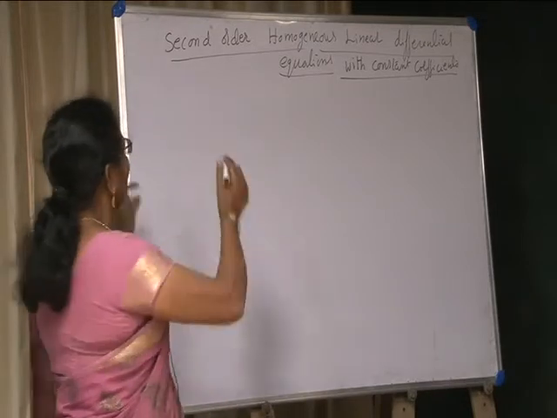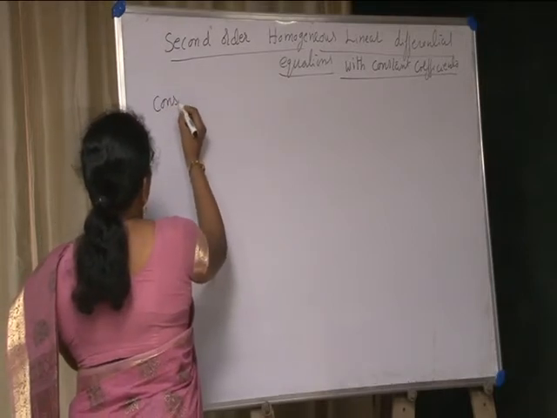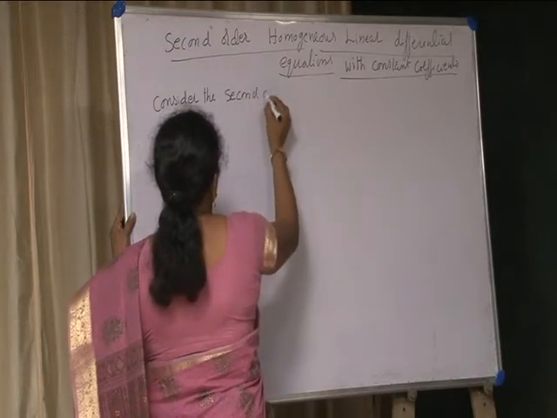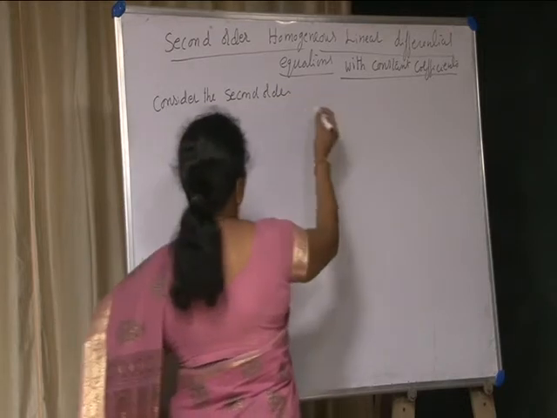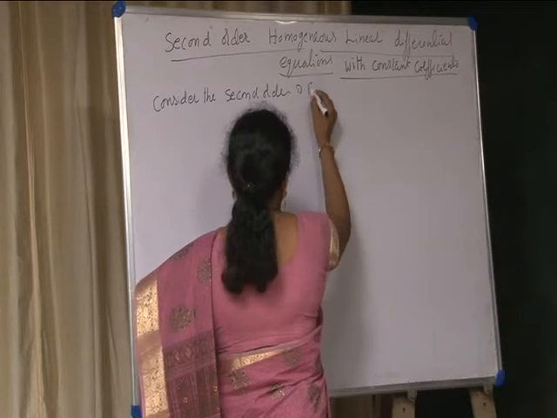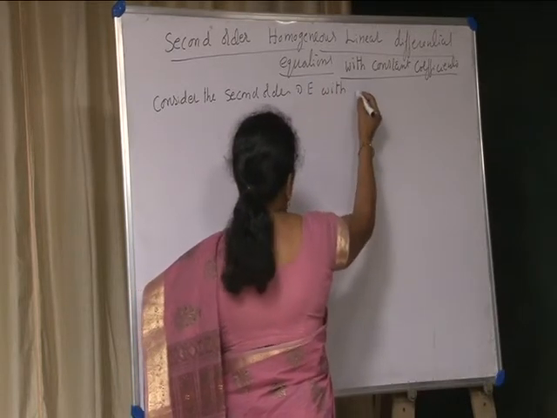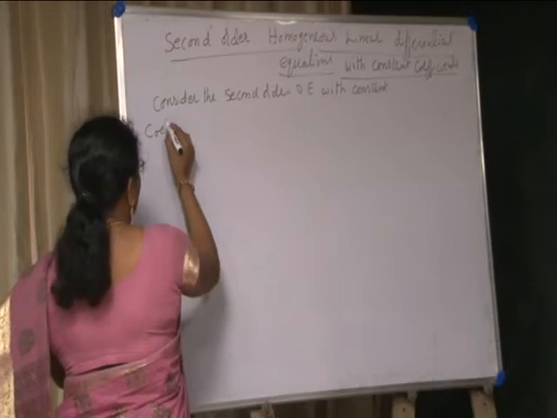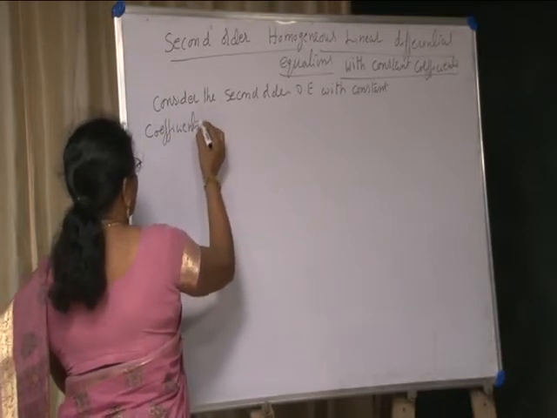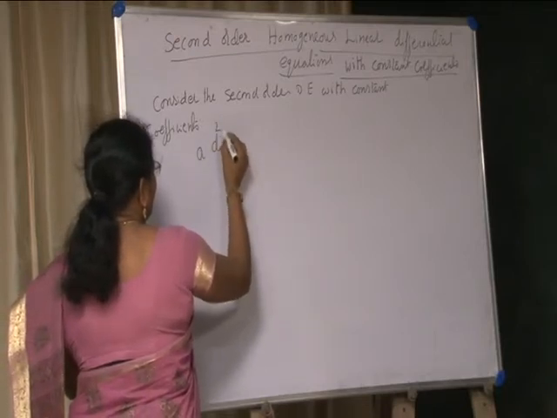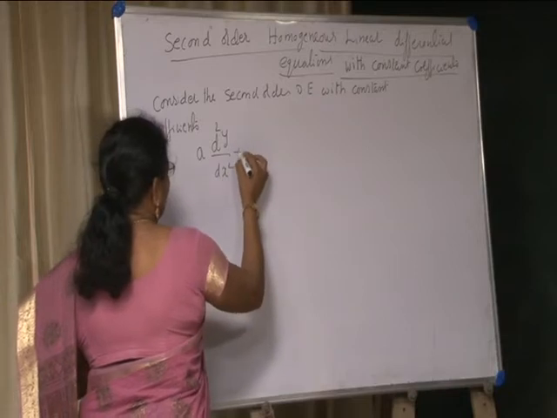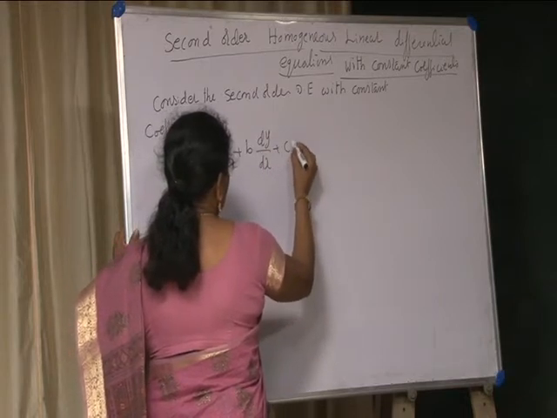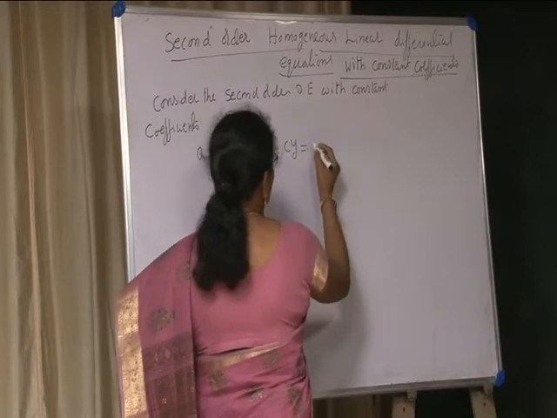Now we will see. Consider the second order differential equation with constant coefficients: a into d squared y by dx squared plus b into dy by dx plus cy is equal to some function.